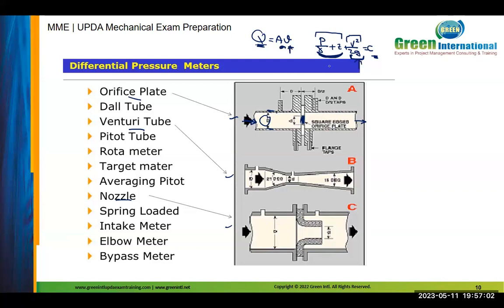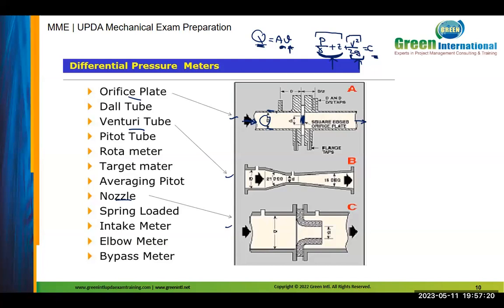I read the piezometric pressure for the first case at a regular diameter, and I read the pressure for the second case at the contraction, made by the orifice, by the contraction of the pipe itself in the venturi, or by adding a nozzle.